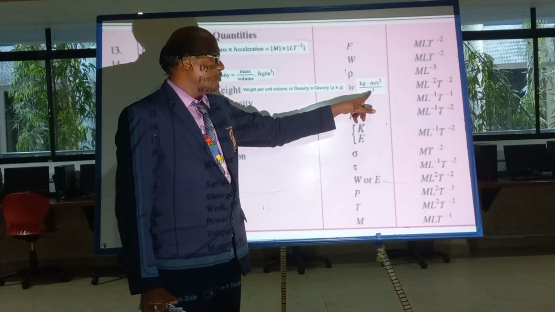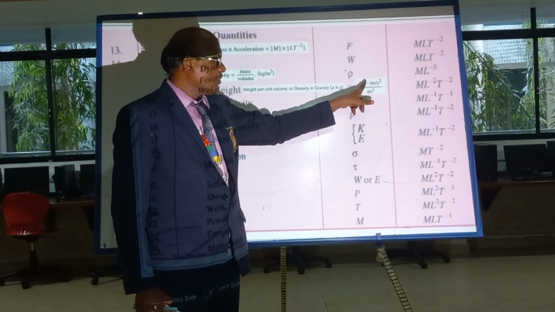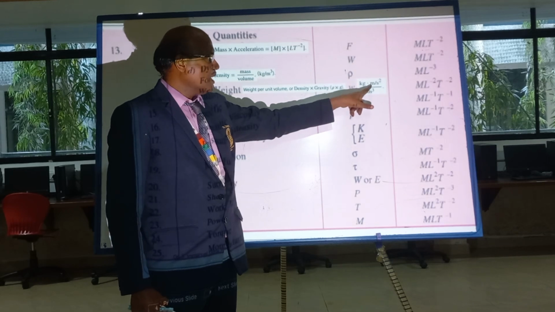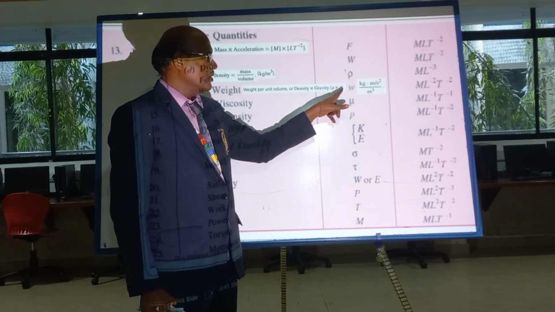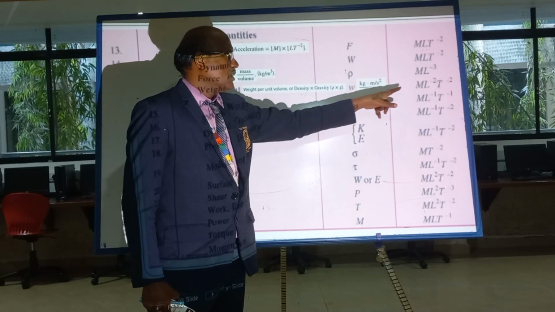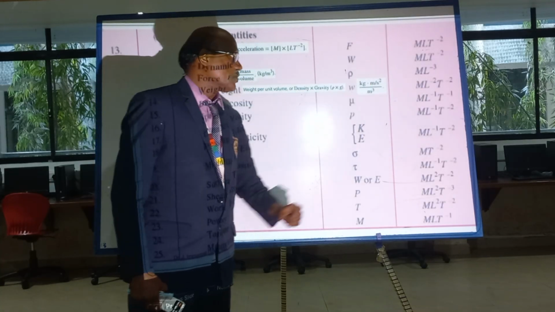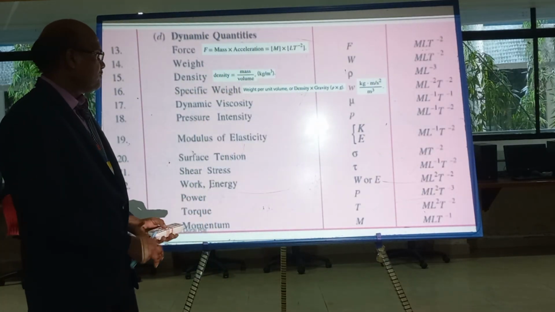The kg per meter cube is the density, and meter per second square is g, acceleration due to gravity. On combining these values, we get M L power minus 2 T power minus 2. That is for specific weight.